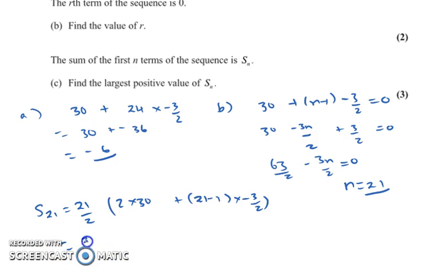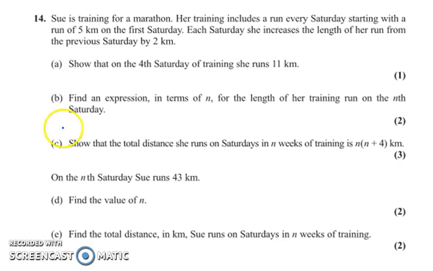We get left with 21 over 2 times 60 minus 30, which is 21 times 15, which is 315. Thank you. Okay, right on to question 14.